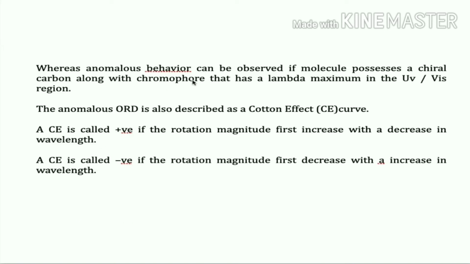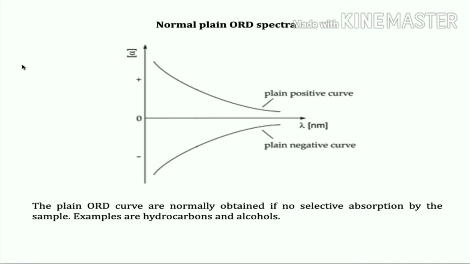So what is that chromophore? In organic chemistry we know a chromophore is going to absorb a particular wavelength of light, that is what you are going to study in UV visible spectroscopy. Means a particular chromophore is going to absorb a particular wavelength of light, so it is going to have a certain lambda max. So if such a chromophore is present along with the chiral carbon, then we are not going to get this normal plain ORD spectrum.